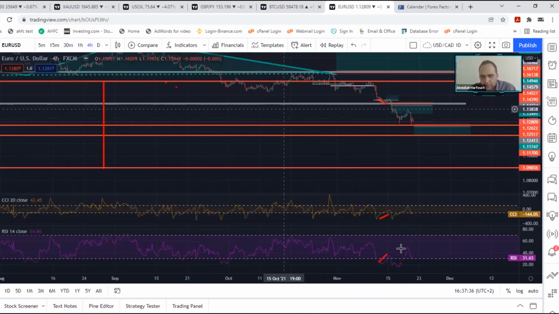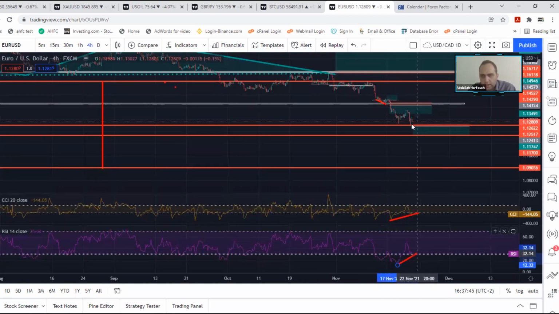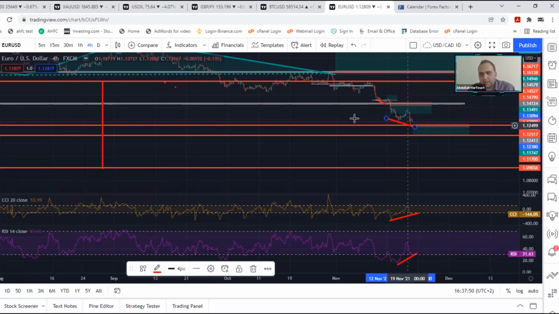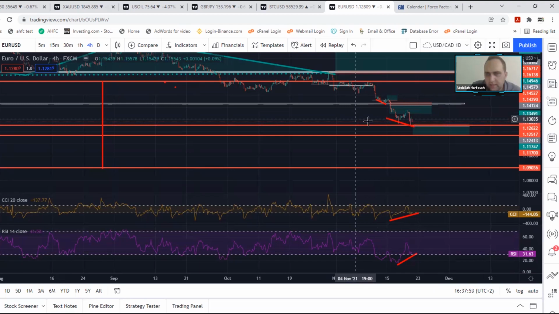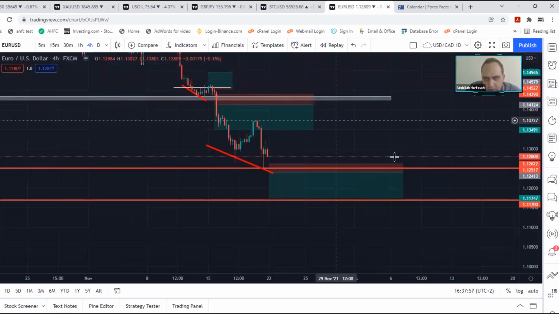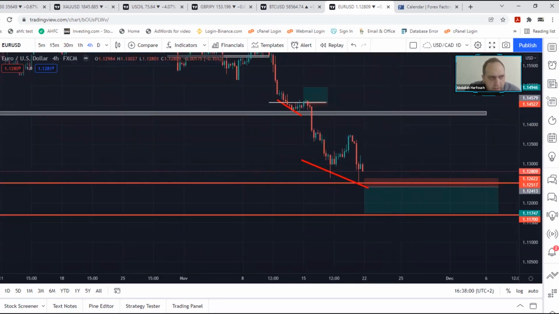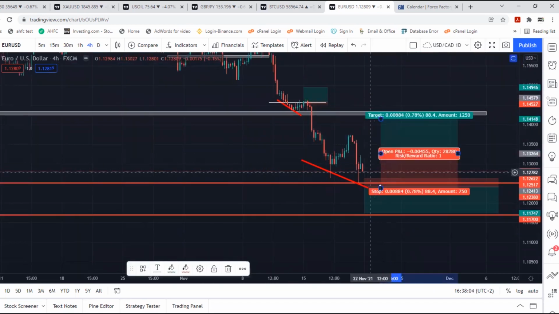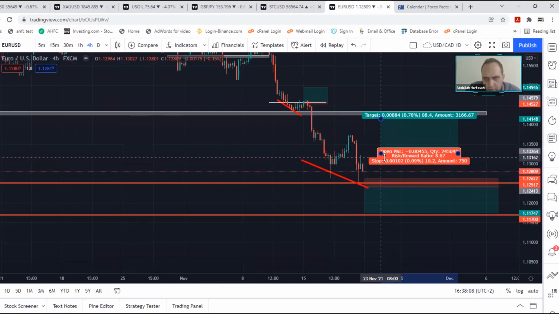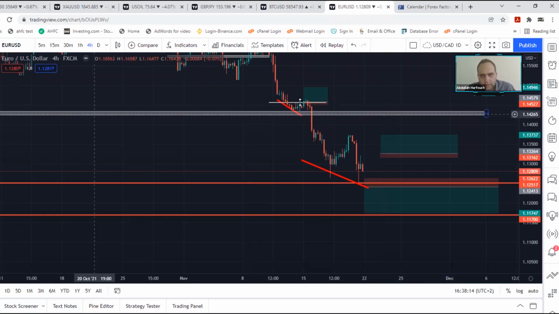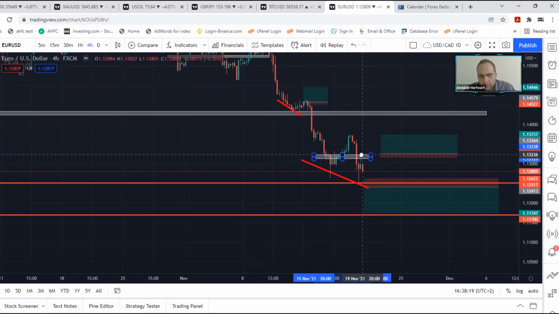And if the CCI turns up, and also the RSI turns up, and we have this kind of divergence, the RSI and CCI have now turned up more, and we have a break above this level, we might have a buy with a stop loss at 10 pips, take profit around 50 pips. We can take this buy. Let's put this so it's clearer for everyone. Let's see, so anyone can see it.